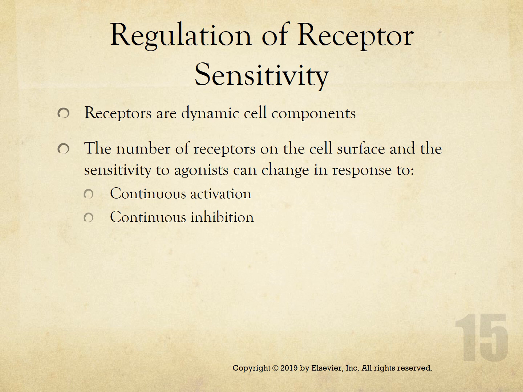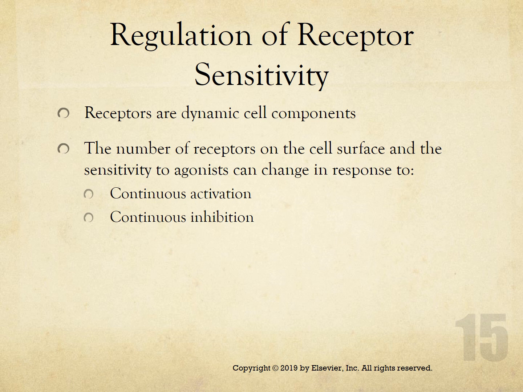You have regulation of the receptor sensitivity. Receptors are dynamic cell components, of course, and the number of receptors on a cell surface and the sensitivity to agonists can change in response to continuous activation and continuous inhibition.